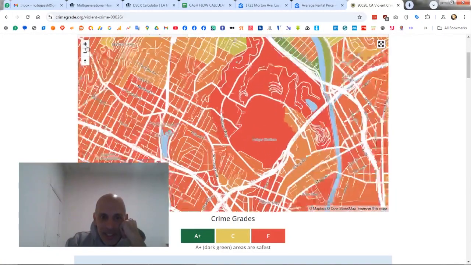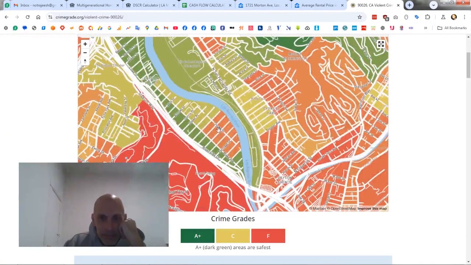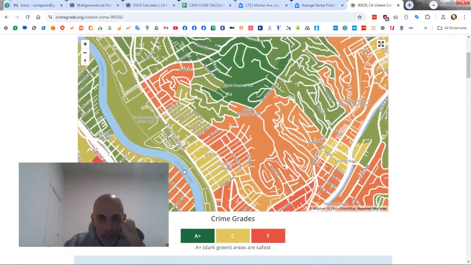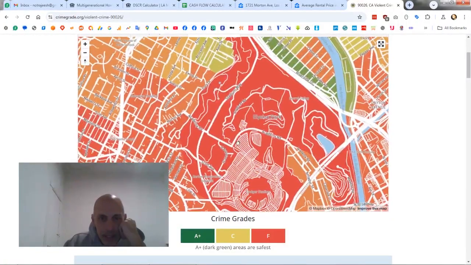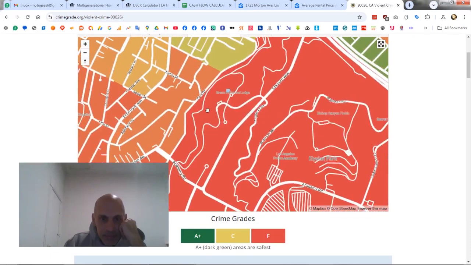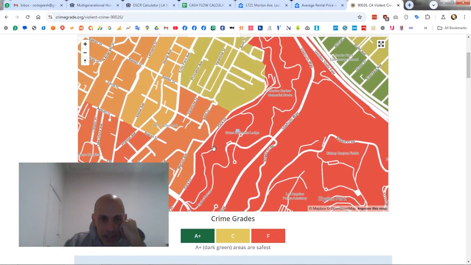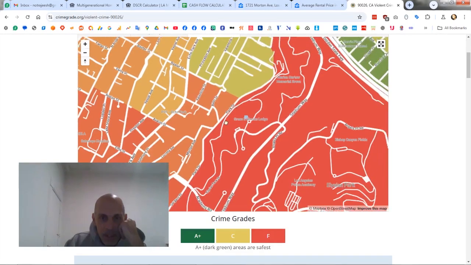So let's zoom in and see what this is like. This is Mount Washington. Yeah, here we are. Yeah, so we're looking at like an F even in terms of violent crime.